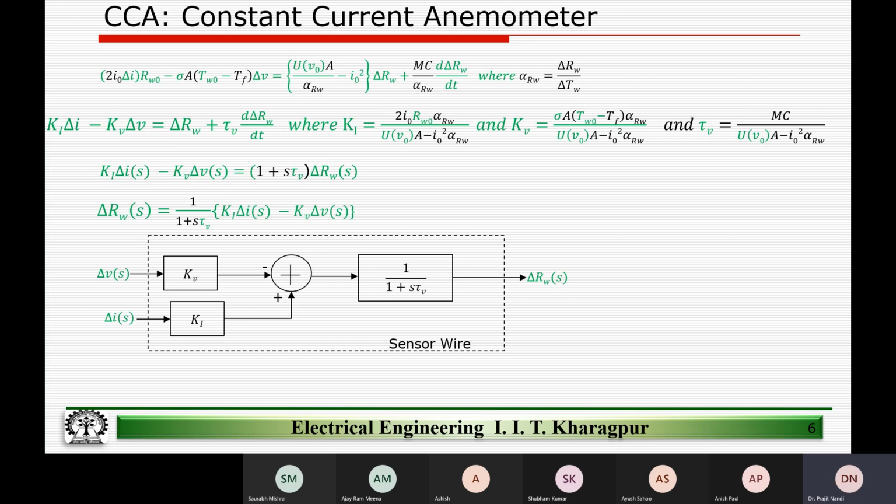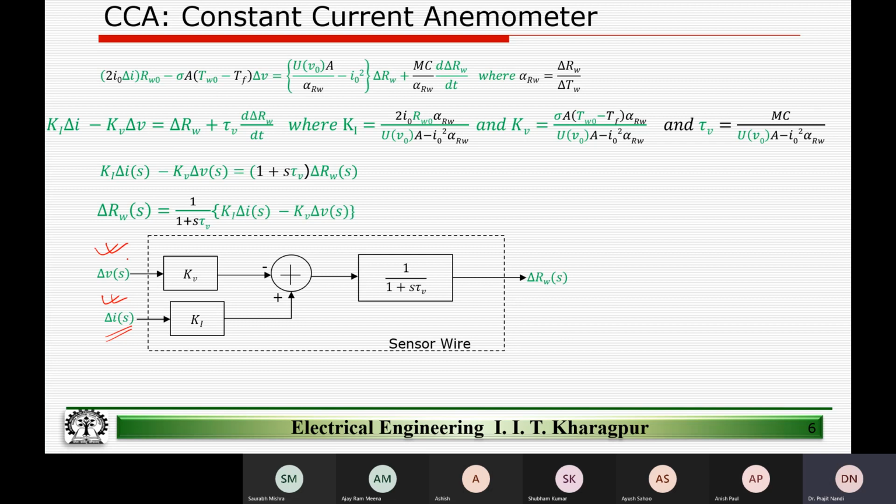And what do we see? We are calling this a sensor wire, and is there any feedback in this? Obviously no, right? There is no feedback. So what we see is that yes, fluid velocity delta V can change. The current is under my control, and of course, if it is constant current anemometer, I can make sure that delta I is 0.